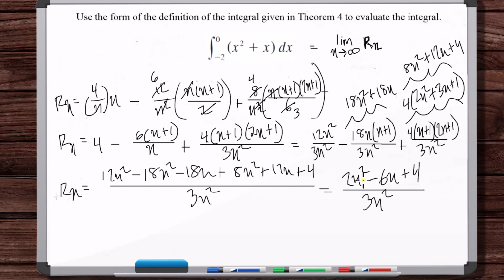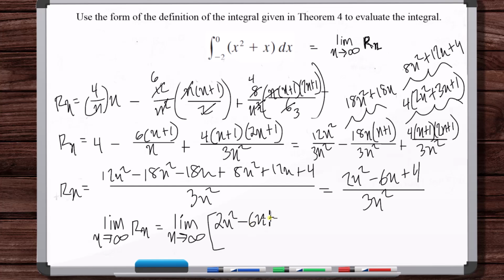Okay, so there you go. There's R sub n. And so this integral is equal to the limit as n approaches infinity of R sub n, which is the limit as n approaches infinity of 2n squared minus 6n plus 4 over 3n squared.